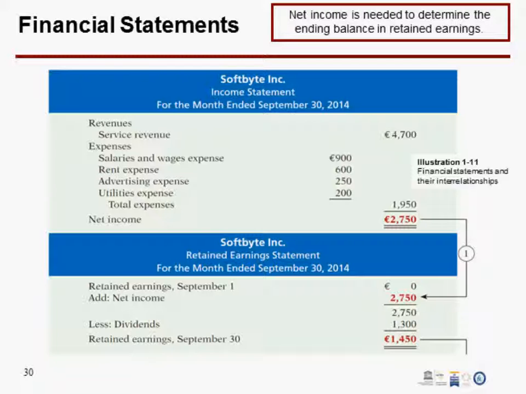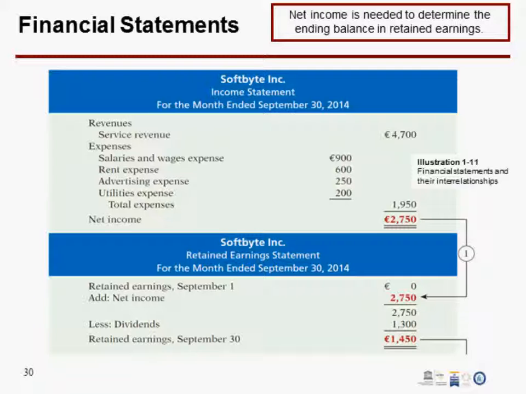So total revenue is 4,700, from the transaction analysis, page 10. And the expenses are salaries and wages 900, rent expense 600, advertising 250, and utility expense 200.